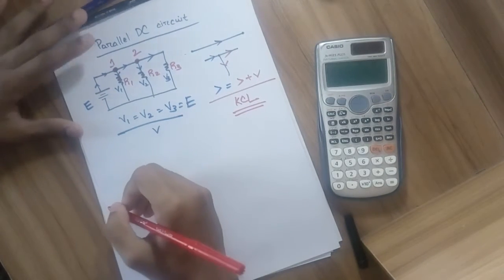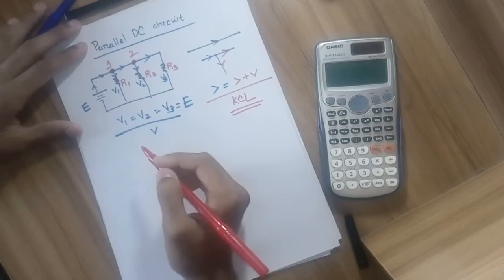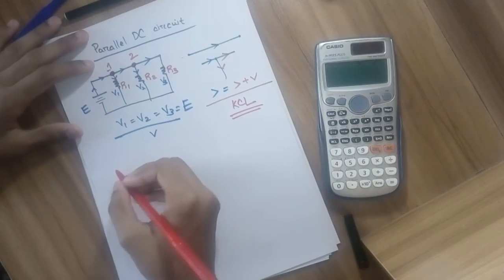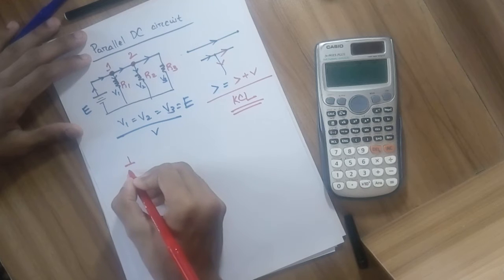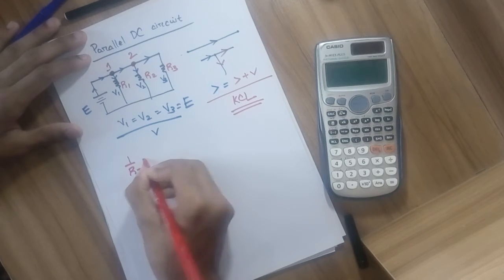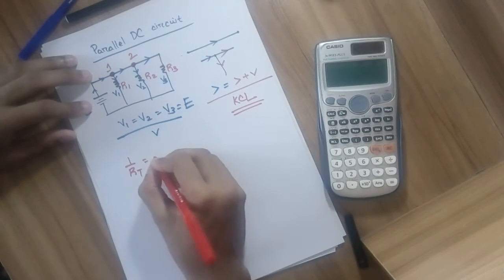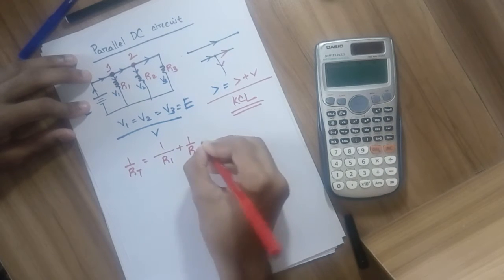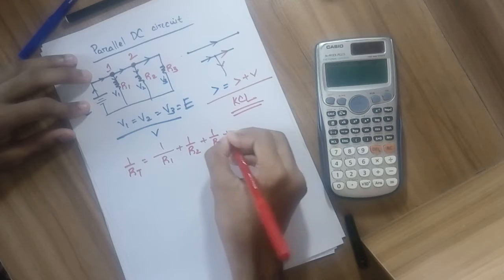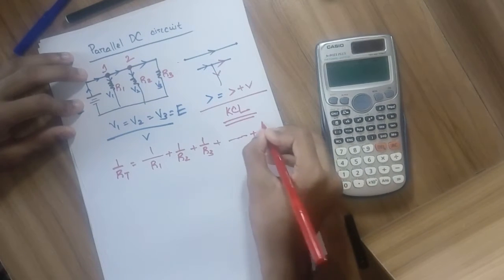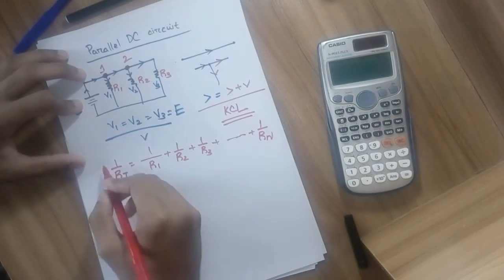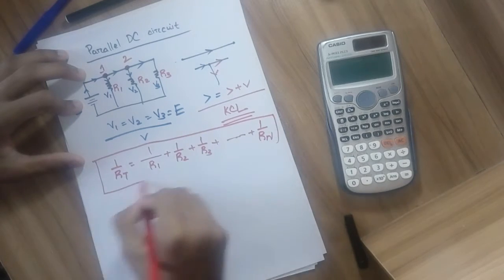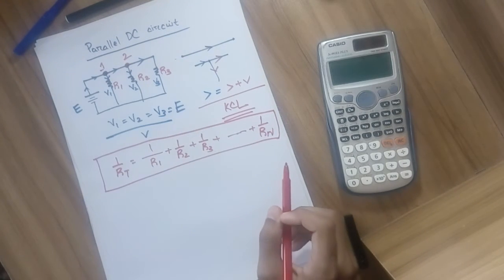To find the total resistance of a parallel DC circuit we will use this formula: 1 by RT, which is the total resistance, equals 1 by R1 plus 1 by R2 plus 1 by R3 plus dot dot dot plus 1 by Rn. You can see this is for infinite resistors.